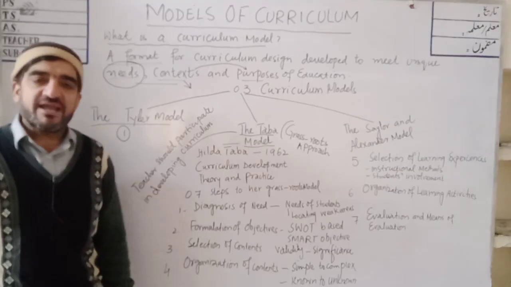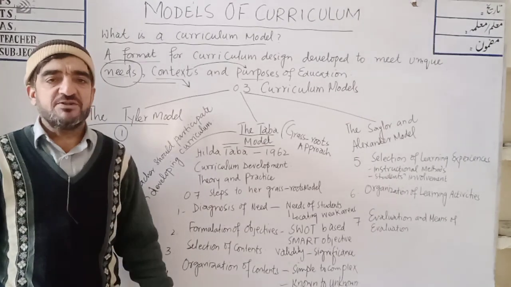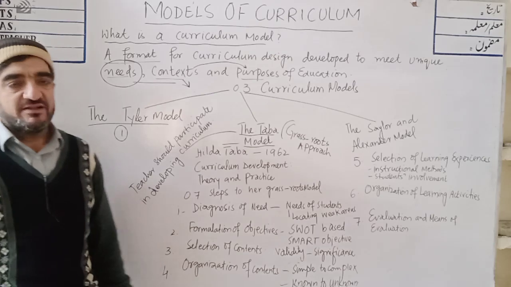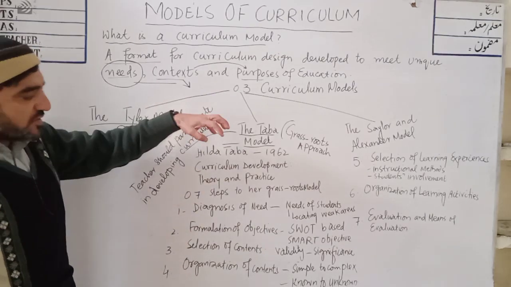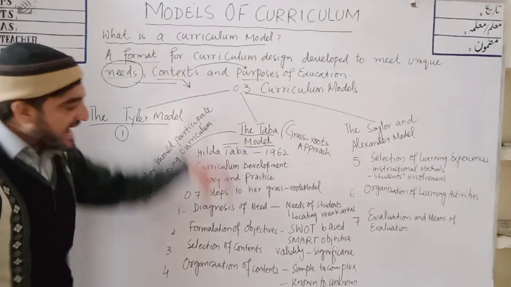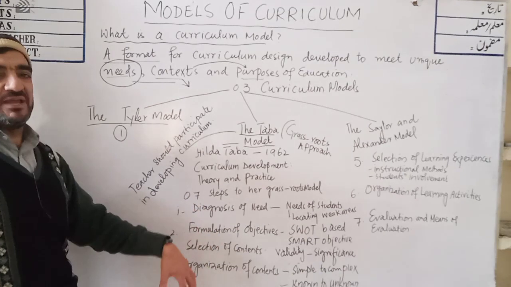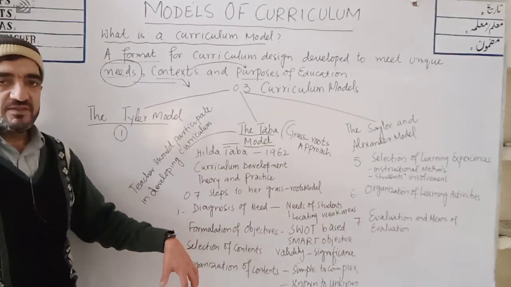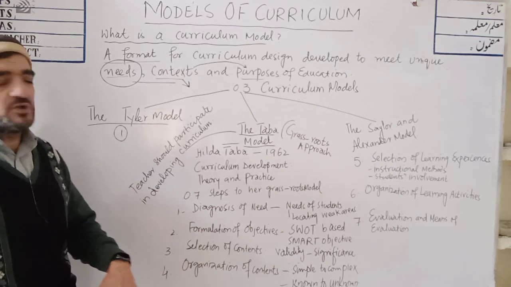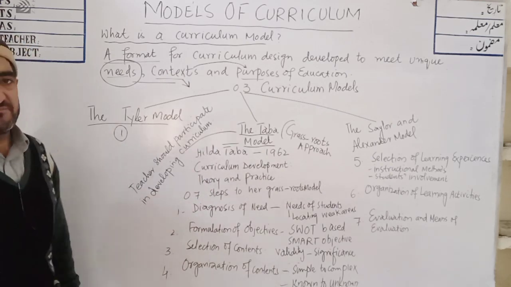Dear students, today we are not able to discuss all the 3 models. So the most applied model of curriculum in the present time in the designing of curriculum is the Taba model.